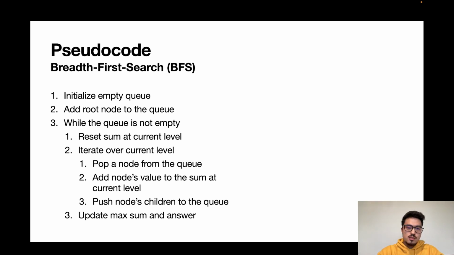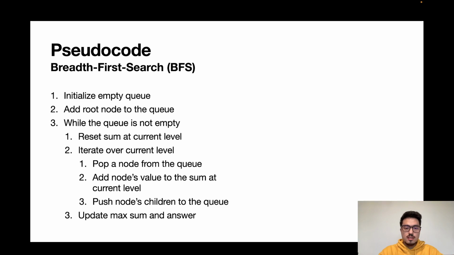So we're going to reset the sum at the current level. We start counting from 0 at the current level and iterate over all the nodes from the current level. We pop this node from the queue, removing the nodes from the current level from the queue, and add its value to the sum of the current level. And we add the children of this node to the queue.